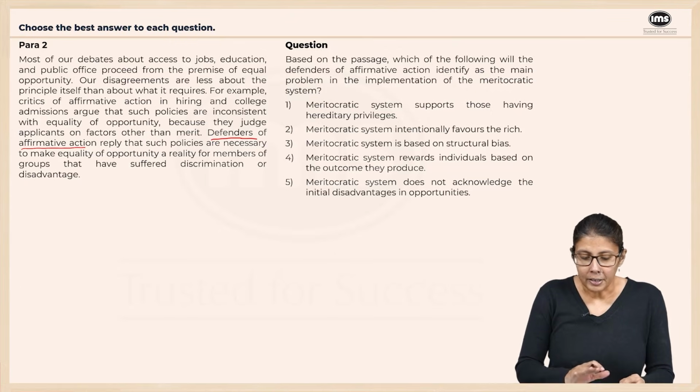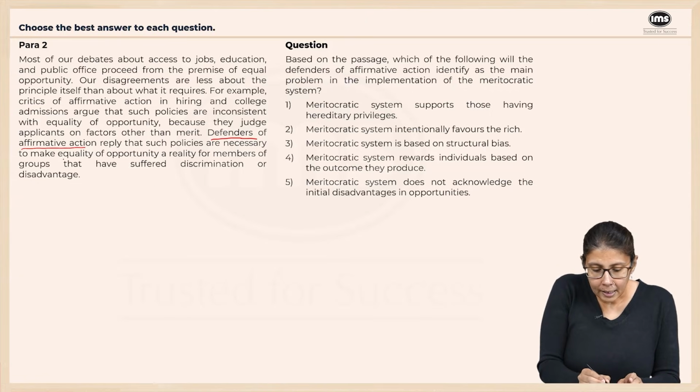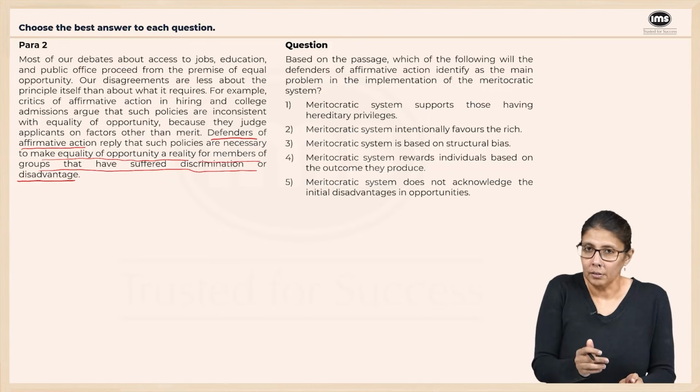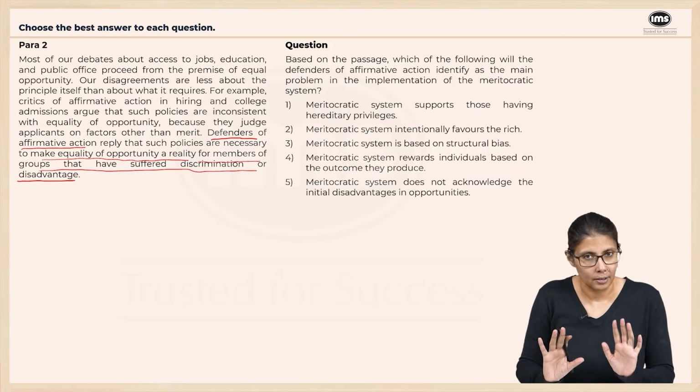Now, defenders of affirmative action are saying that affirmative action is essential to make equality of opportunity a reality for members of disadvantaged groups. So these people therefore would support policies such as reservation for disadvantaged groups. Alright.